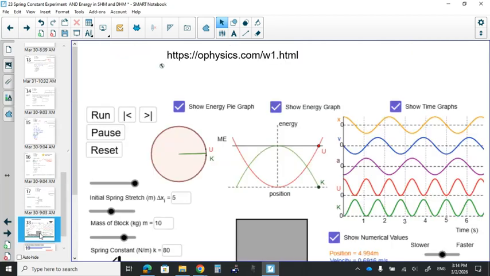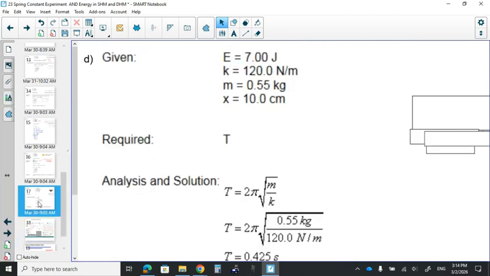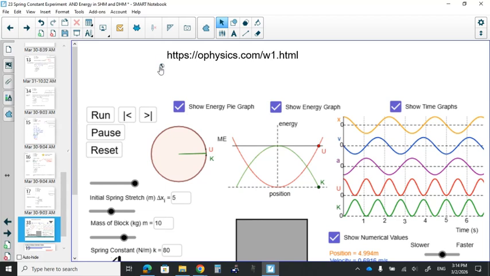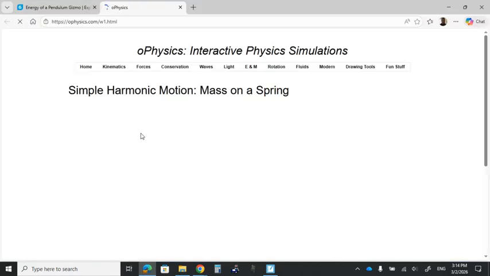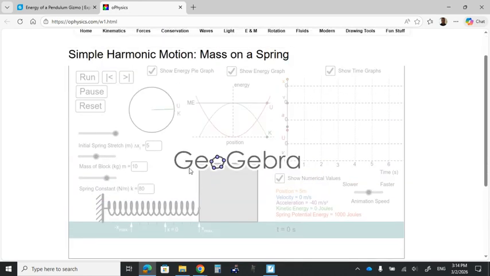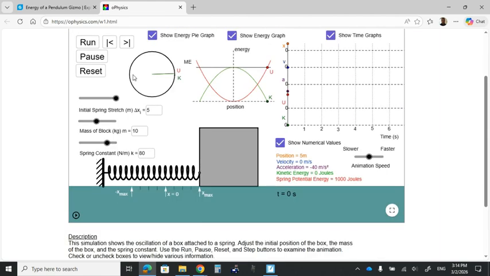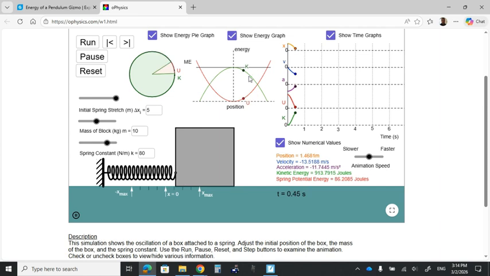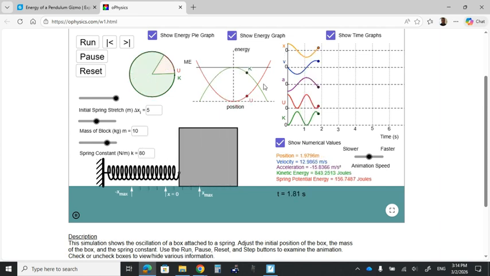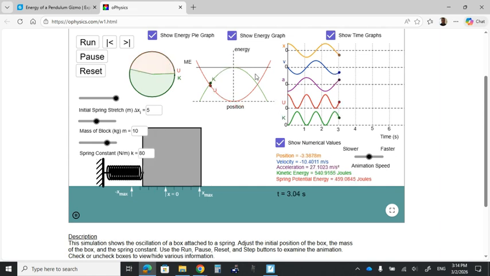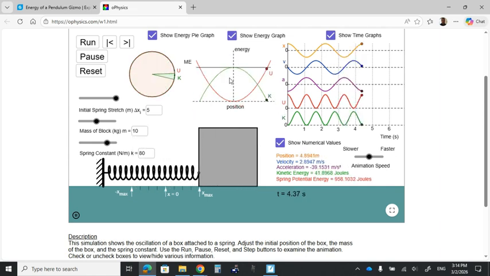That is the idea. So this little link here is just an animation of simple harmonic motion. And the nice thing is it shows all sorts of things. When you run this, you can see the kinetic energy and the elastic potential energy switching places, if you will.